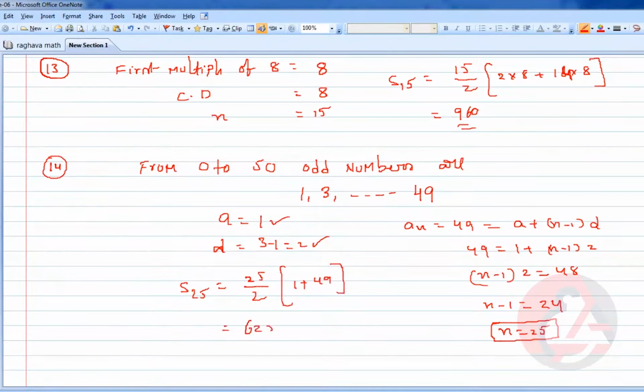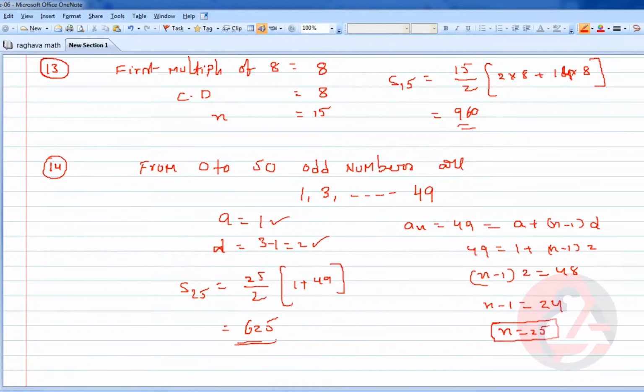I can say it is 625. Check the answer. Is 625 the right answer?